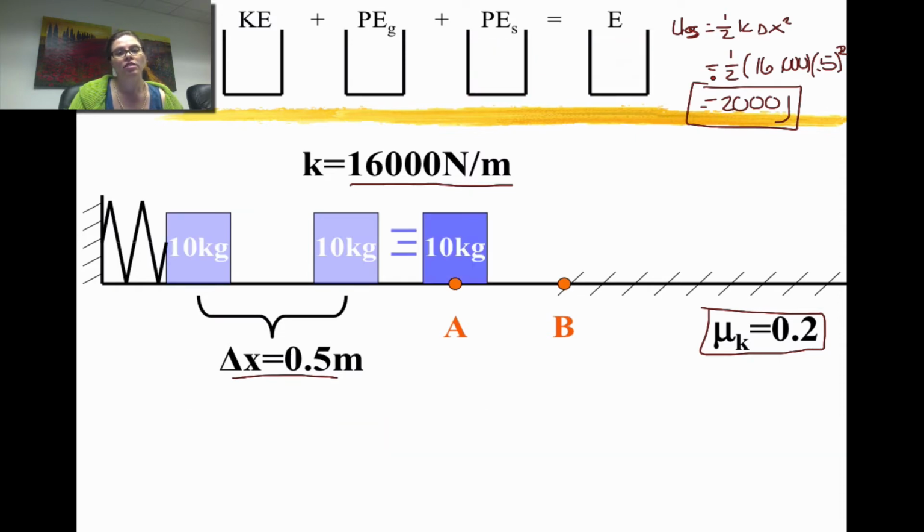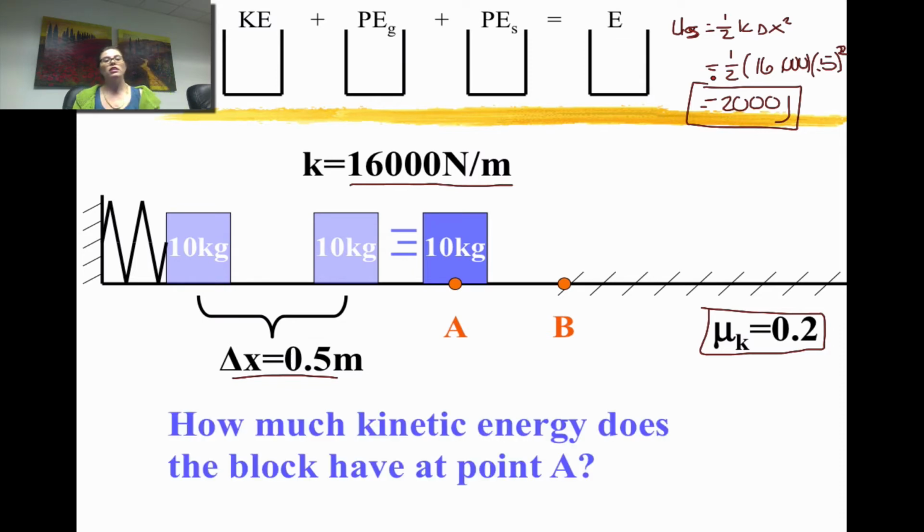So now we release the block, and the block is traveling at some speed at A. And we want to know how much kinetic energy the block has at point A. Well, let's see. The block is no longer touching the spring. So all the energy that was in the spring bucket, we still have 2,000 joules of energy, and the block didn't raise up, and it's not touching the spring anymore.